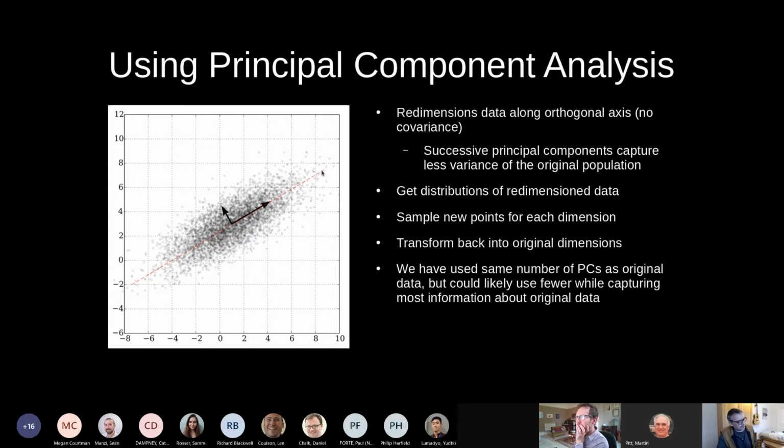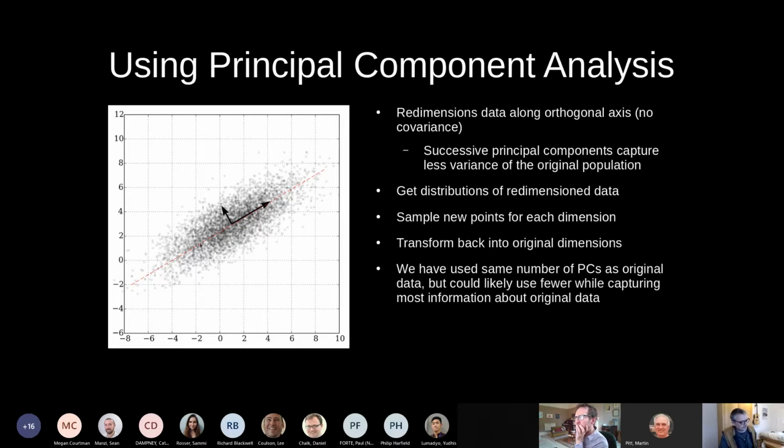If we transform this data using one principal component, everything would effectively collapse onto this line here. We could take a mean and standard deviation from that. We could sample from our new mean and standard deviation population, and then transform it back into the real world, and we'd end up with synthetic data points which would sit along this red line here. And then we can repeat that.